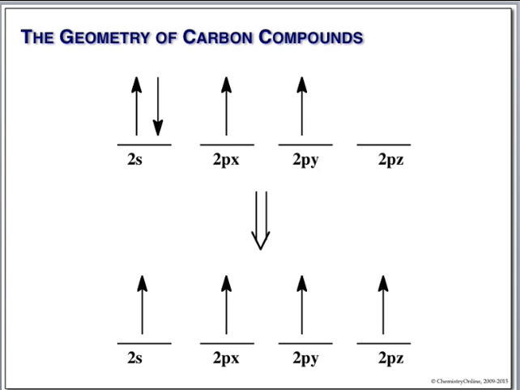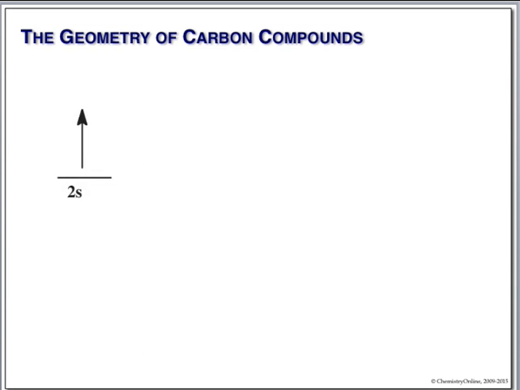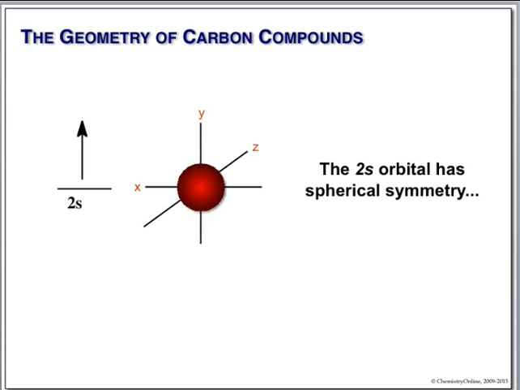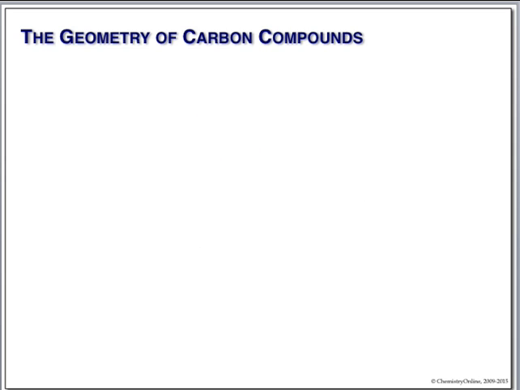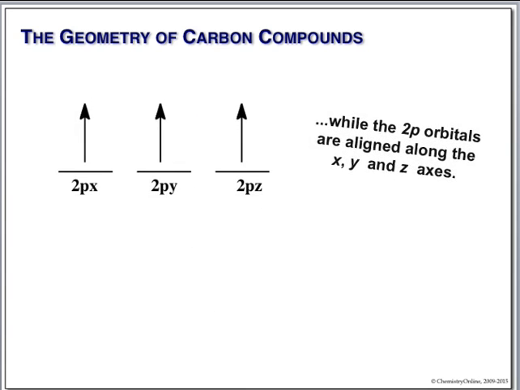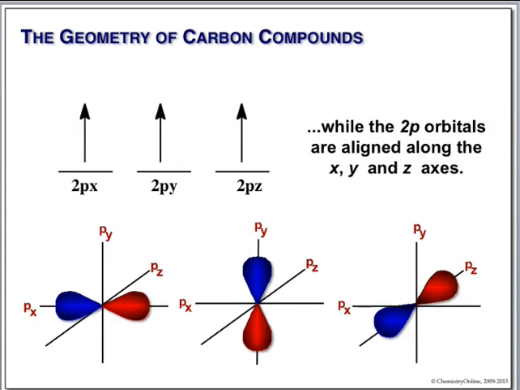You could argue that because the s has spherical symmetry and the p's have lobes in the x, y, z axis, these 3, that the bonds to carbon of our 4 bonds are all going to be different. All 3 will be the same and 1 will be very different.